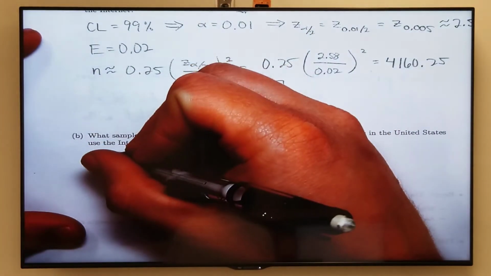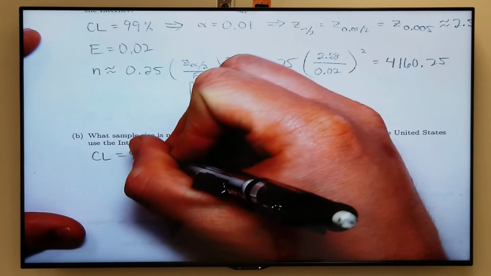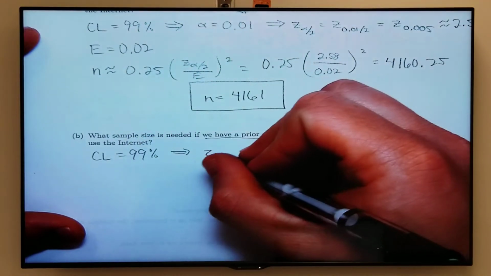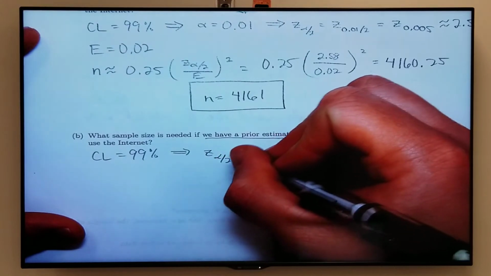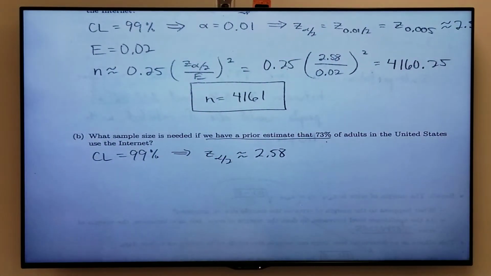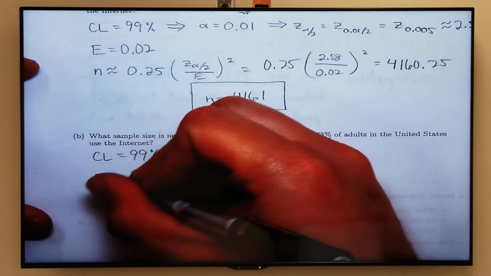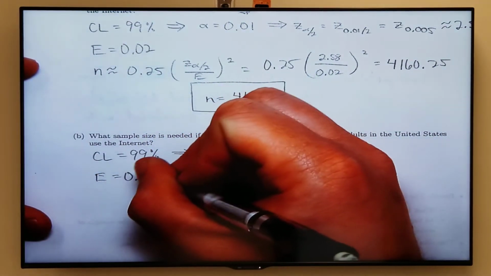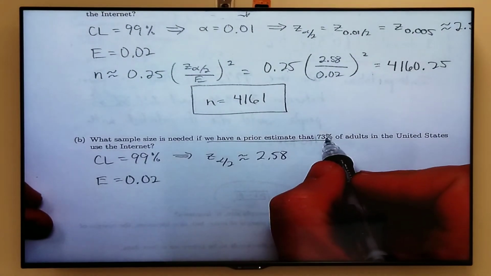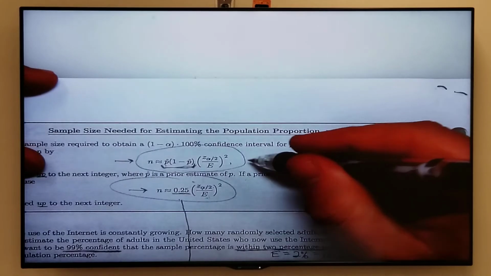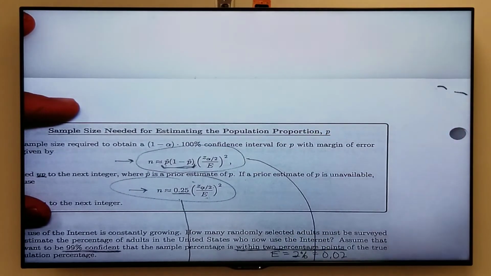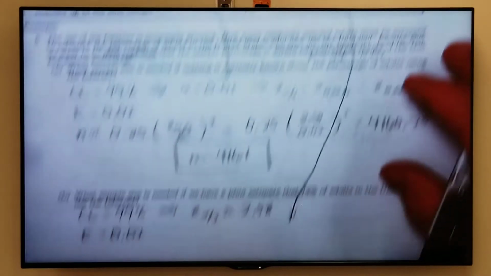Our confidence level is still 99%, and that means our critical value, Z sub alpha over 2, should still be approximately 2.58. We did all that work in part A already. Our margin of error is still 0.02. But what's different is that because we have a prior estimate, we get to use this top formula now. So we're going to use this top formula for part B.